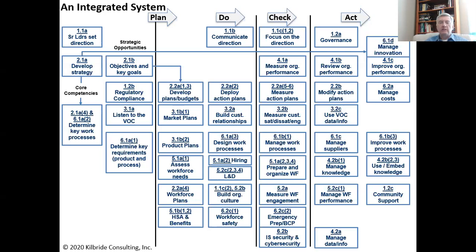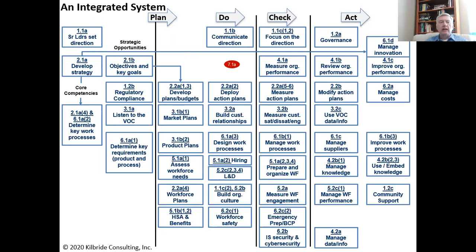And a number of these help to check: measures and reviews and assessment of performance. And still more are on the act side, taking appropriate actions based upon these reviews of performance, modifying plans, making improvements, etc. So you can think of the various elements of the criteria as comprising an enterprise level PDCA.